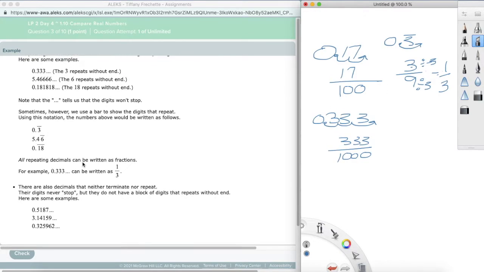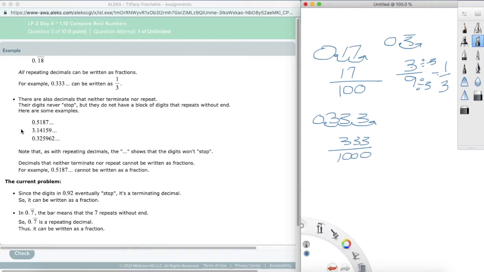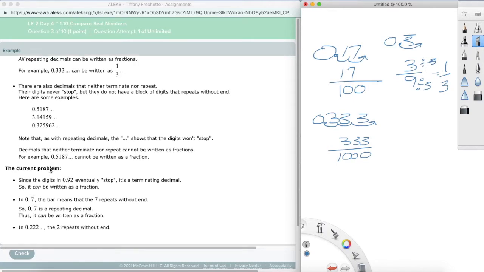If it's non-repeating and it doesn't terminate, so it's just a weird decimal that keeps going on and on forever, a decimal that neither terminates nor repeats, it cannot be written as a fraction. So that is what we're looking for, cannot be written. We're just identifying it. Does it terminate?